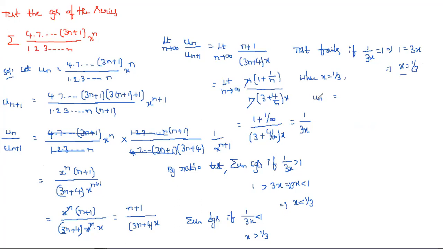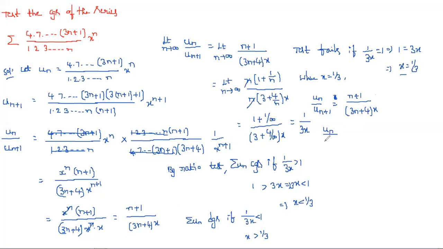If you apply Raabe's test, what is the condition there? First we can write un by un plus 1. What we got, un by un plus 1, here it is having n plus 1 by 3n plus 4 into x. This is un by un plus 1.